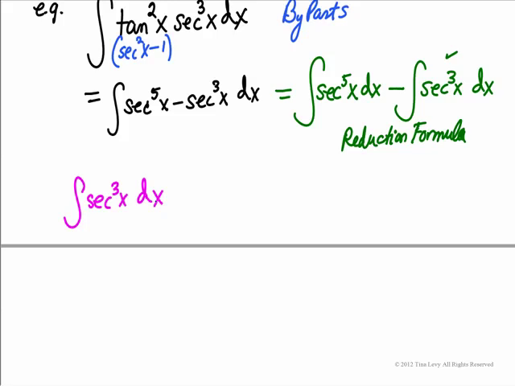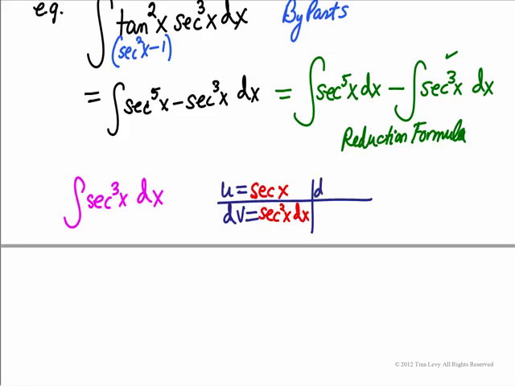To do that, I'm going to set u and dv, and then afterward I have du and v. I look at secant cubed and I realize the only thing that dv could be would be secant squared x dx, because that's something that I know the antiderivative of. So dv would be secant squared x dx, and u would be secant x.